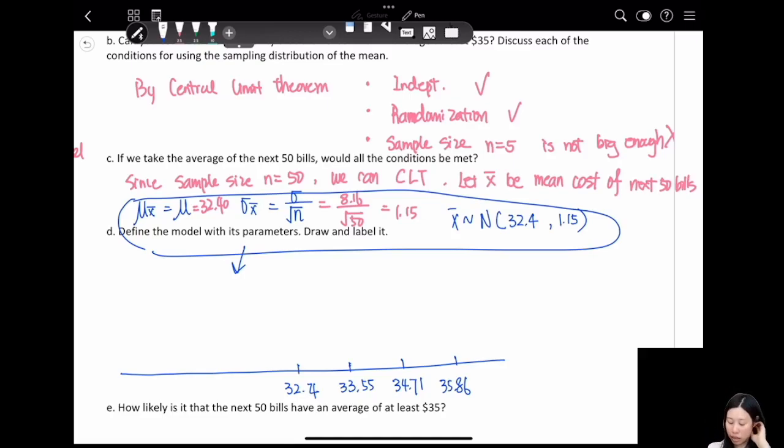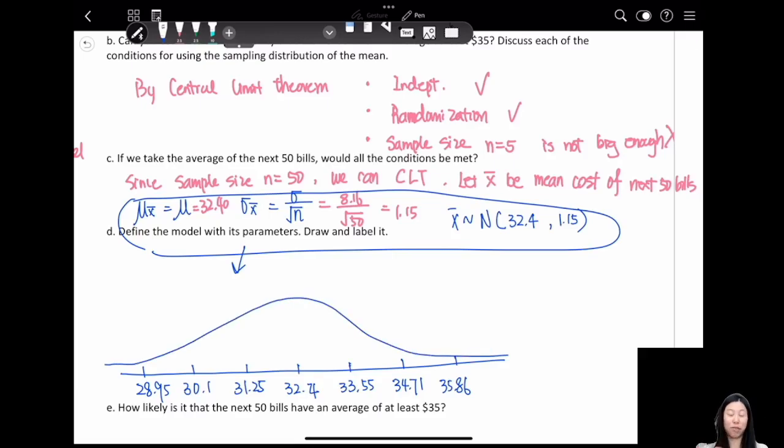Now let's take a look at the other side. We subtract 1 standard deviation, we have 12.25. Subtract 2 standard deviations, we have 11.10, and subtract 3 standard deviations, we have 9.95. So this is going to be our normal distribution. This is not a really nice curve. It's supposed to be really symmetric, but I'm really bad at drawing.